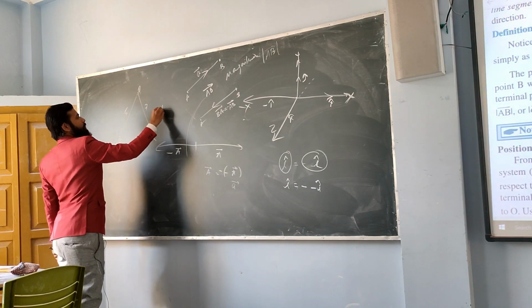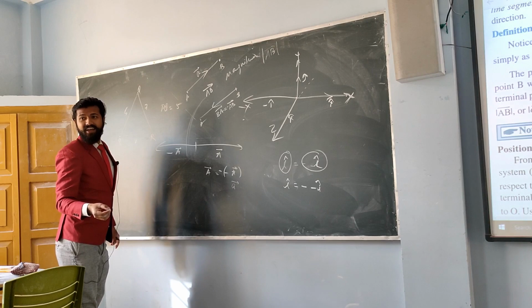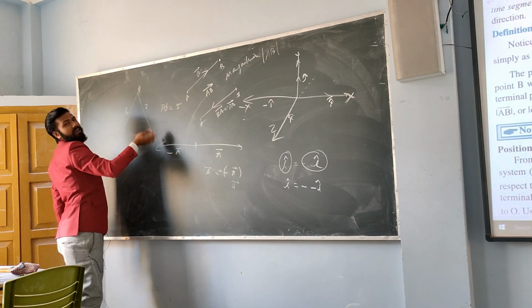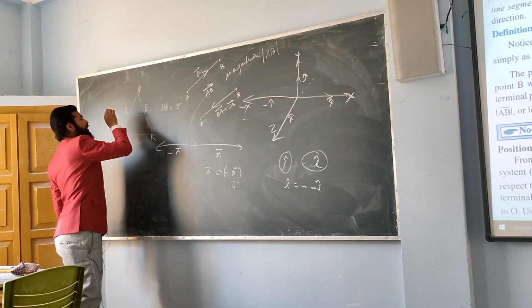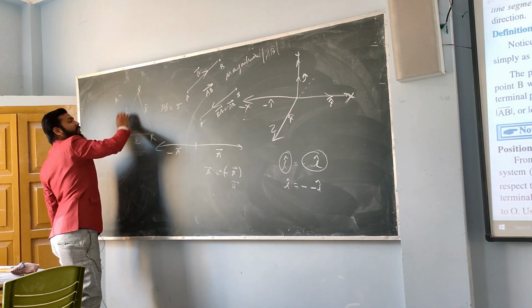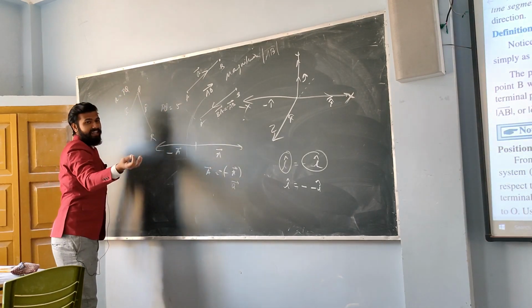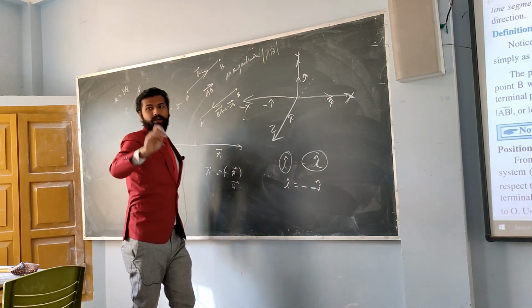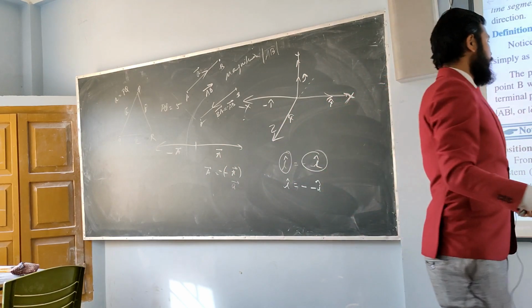So either we can write PQ or we can write a side name also. The meaning is the same, right? PQ represents this side, or I want to represent this side as A, this side B, this side C, then also I can use it. Either you write A or you write PQ, they both represent a side. Similarly, either you write AB vector or A vector, the meaning is the same. Don't be confused. Understood? This is a small thing that I am indicating, it will be helpful.